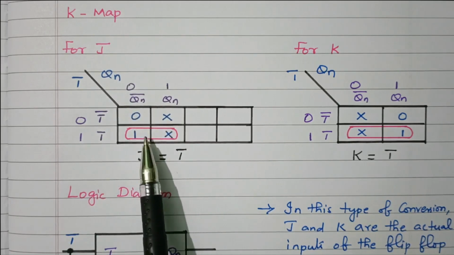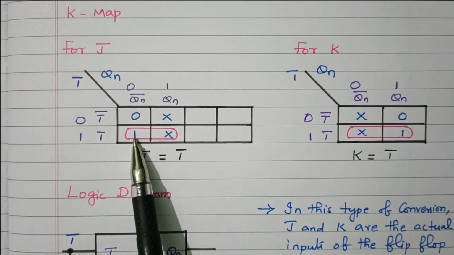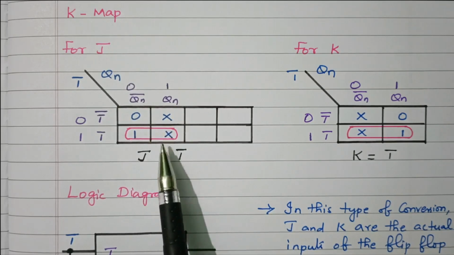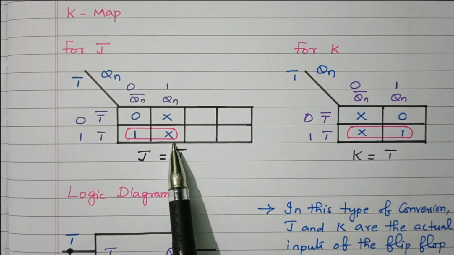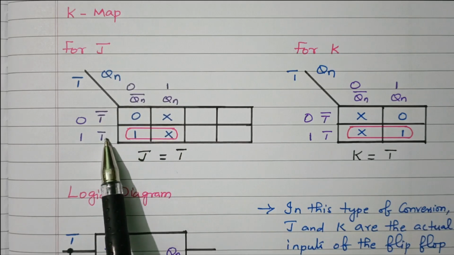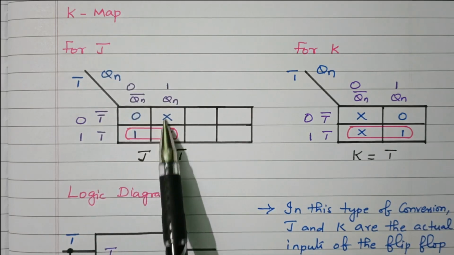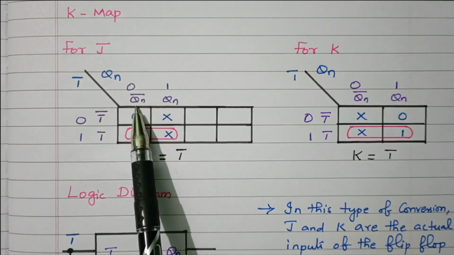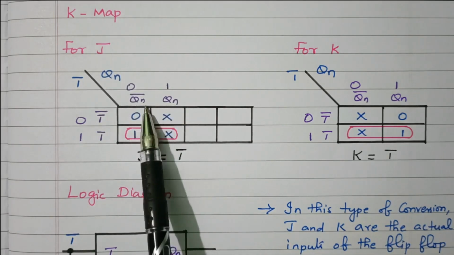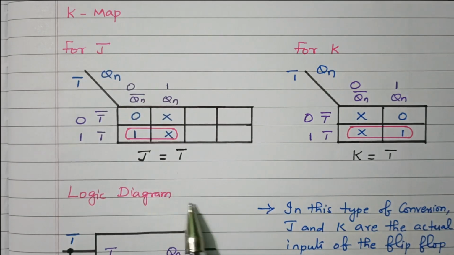These 4 values we fill from the truth table: 0x, 1x. We combine these two cells, and while combining we can use the don't care condition. For these two cells we refer to the corresponding row, which is T. For the corresponding columns, Qn bar and Qn both cancel, leaving only T. So the J input is T.